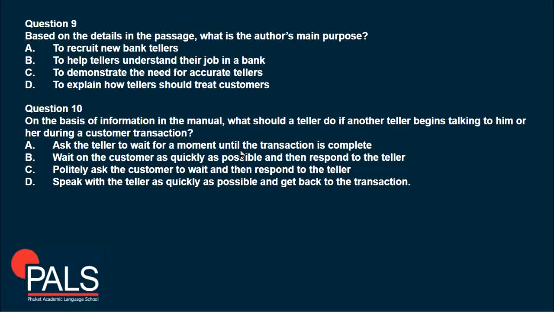C, to demonstrate the need for accurate tellers? D, to explain how tellers should treat customers. What do you think? And where is it focused on? Is it focused more on the bank or the teller or the customer?